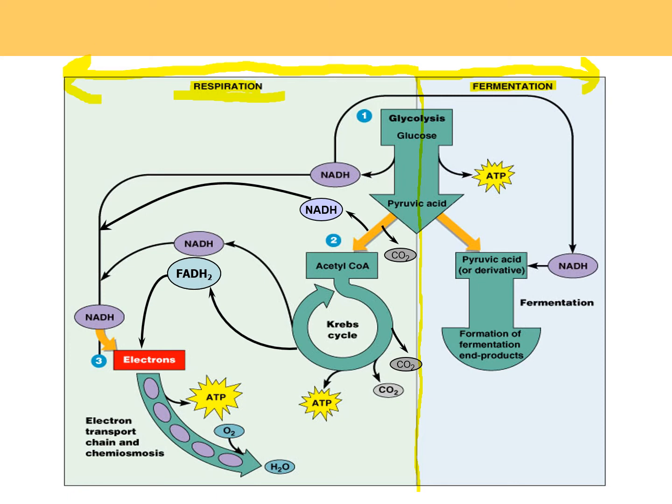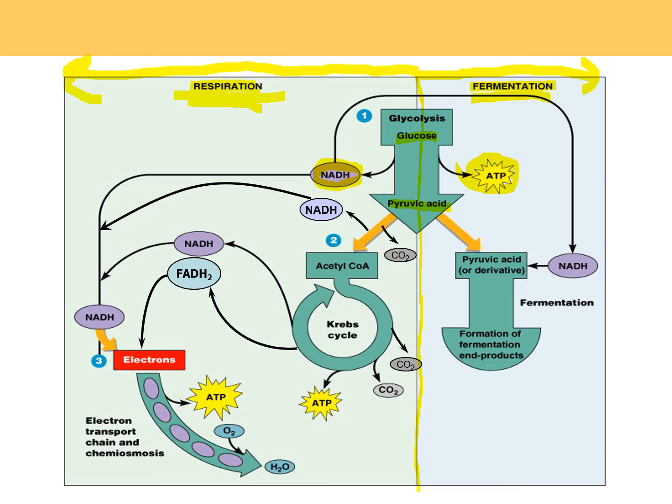Notice that glycolysis, the oxidation of glucose to pyruvic acid, is common to both of these processes. After that, they go in different directions. This production of ATP is happening really during glycolysis, so it will be in either respiration or fermentation. And this NADH, production of NADH is happening during glycolysis.